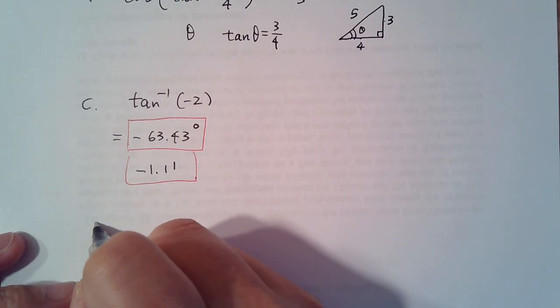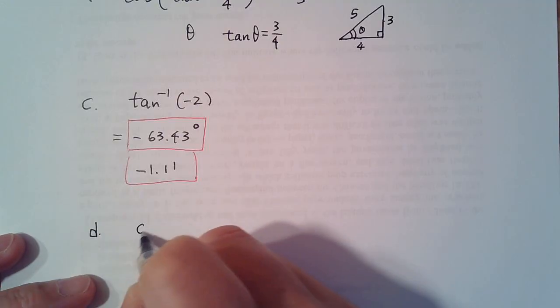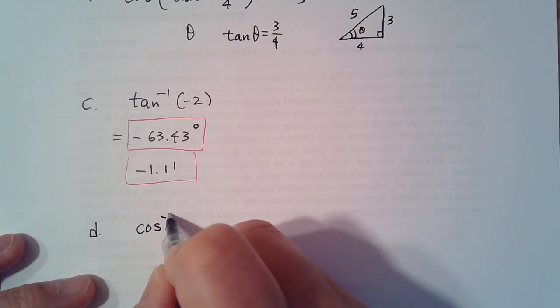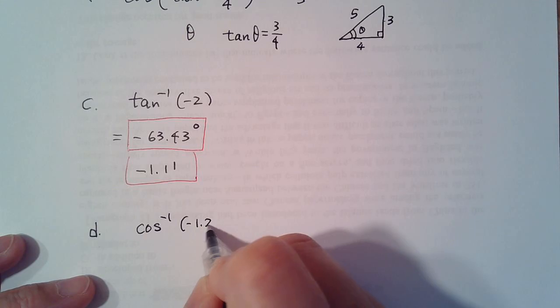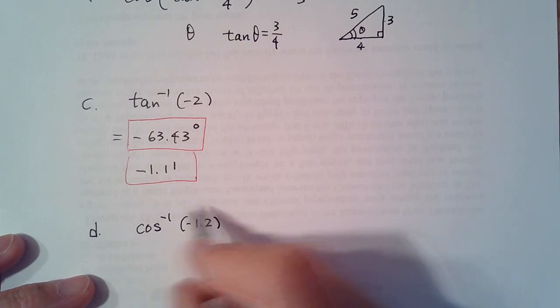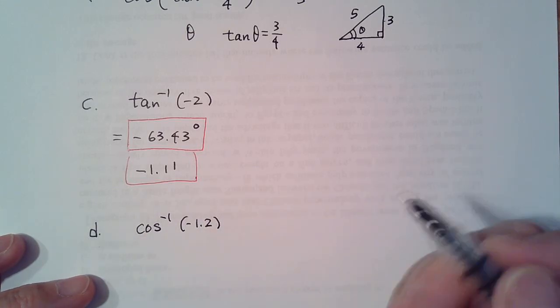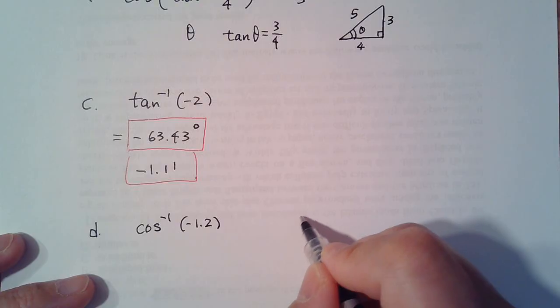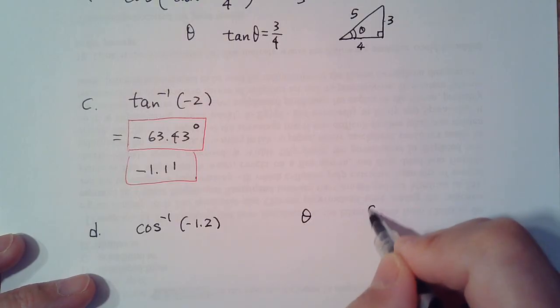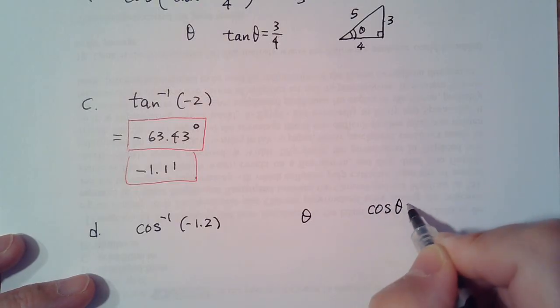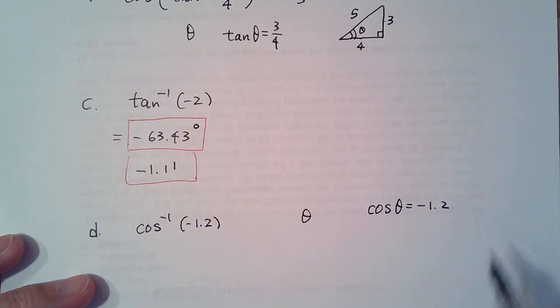And then we're going to do number D, which is cosine inverse of negative 1.2. When you take the inverse function, you are going to get an angle, theta. And I have cosine theta is negative 1.2. But we know for the cosine function, it should always be between negative 1 and positive 1.